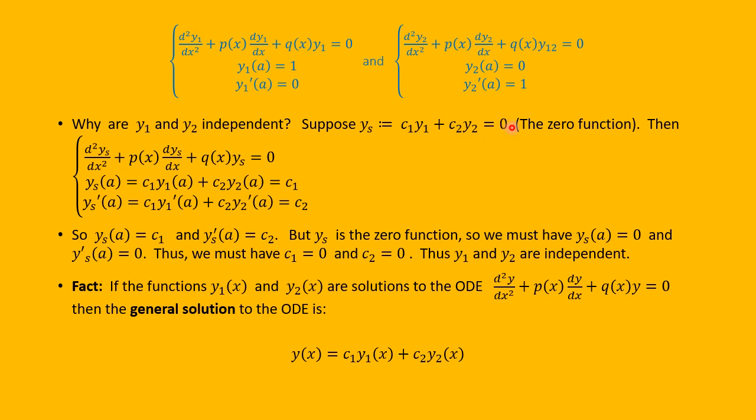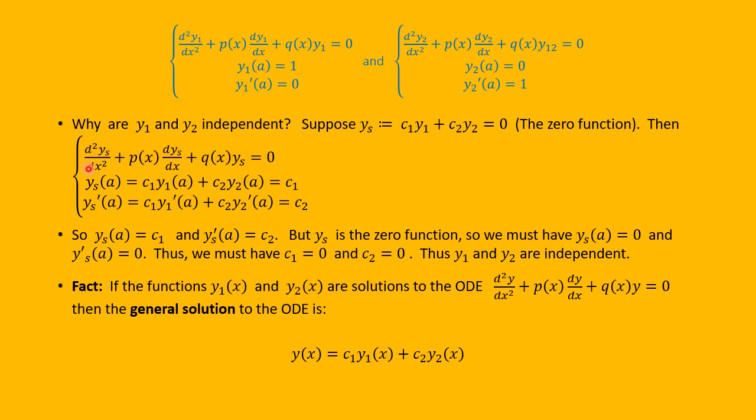And what we would have to do is show that c1 and c2 have to both be 0. So let's call this linear combination of y1 and y2, let's call it y sub s. So in that case, since y sub s is a linear combination of these two solutions to this kind of differential equation up here, y sub s also satisfies that differential equation.